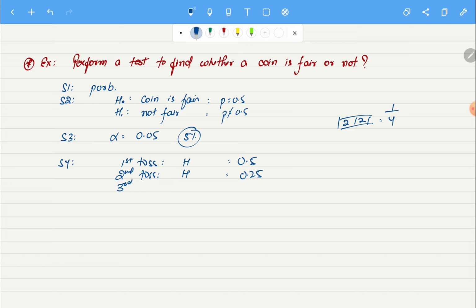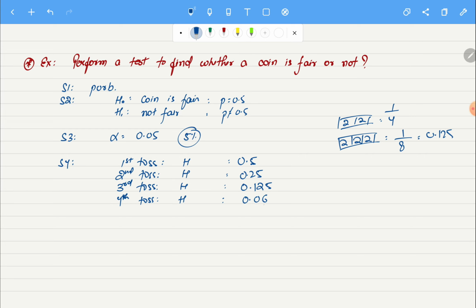Now we tossed it for the third time and we got head again, and now the probability has become 0.125, because if we calculate in a similar way, this is 2, 2 and 2, which is nothing but 1 by 8, and this gives us 0.125. If I toss it for the fourth time, we got head again, and now the probability will be 0.06.